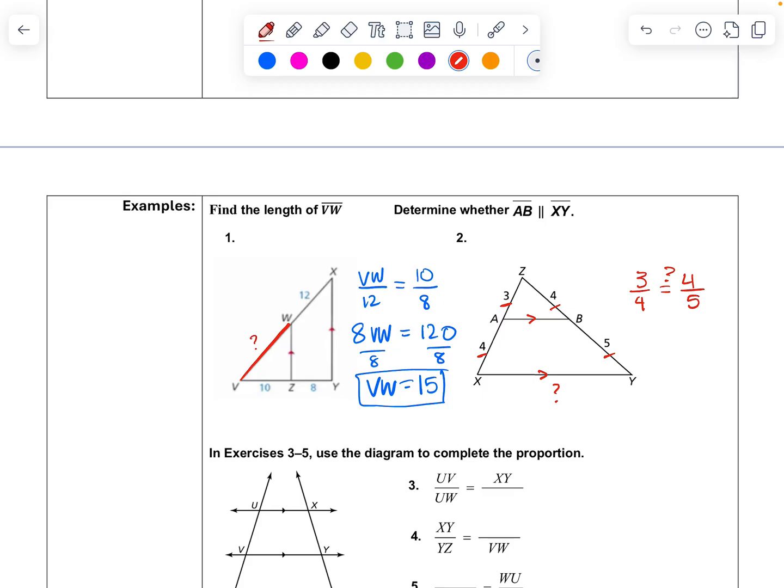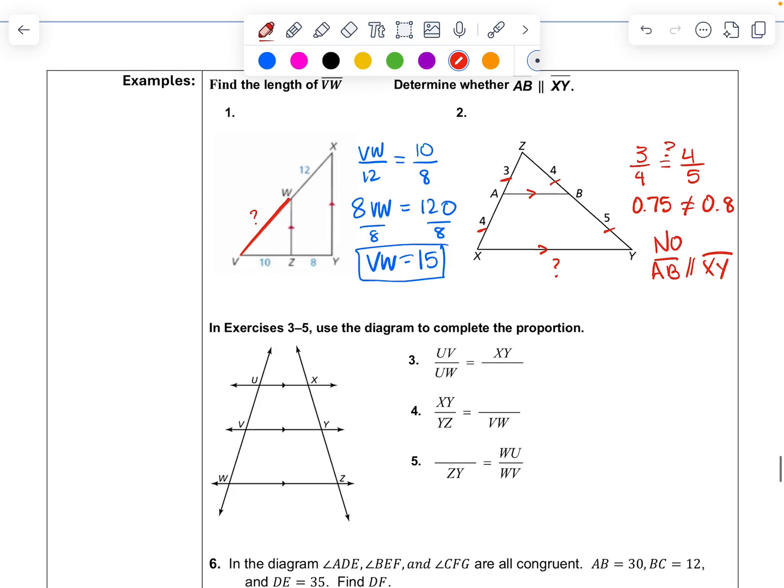What is the decimal for 3/4? Okay, isn't that 0.75? Okay, and then 4/5 is 0.8. So are those equal? Those are not equal. So you would say no, AB is not parallel to XY.